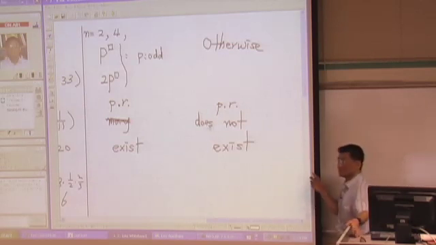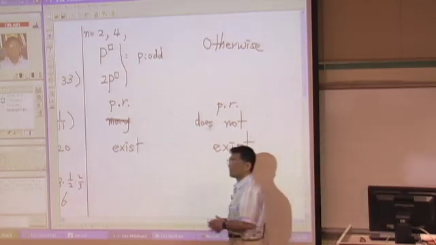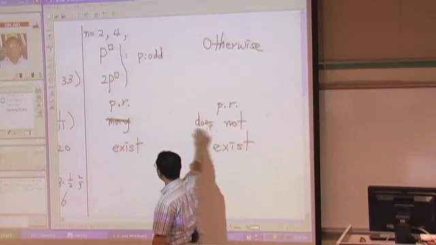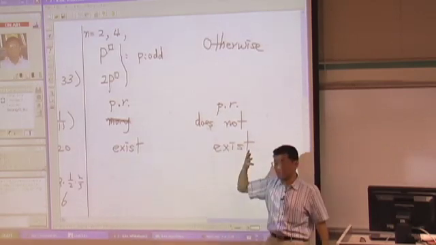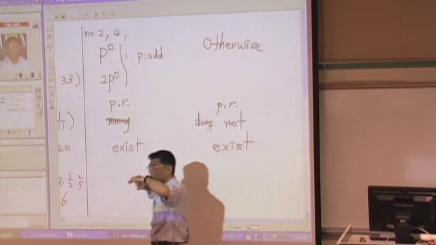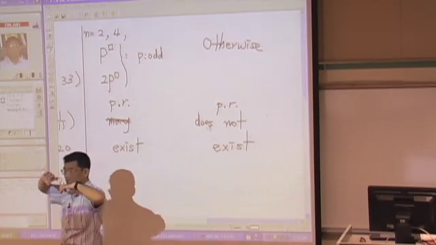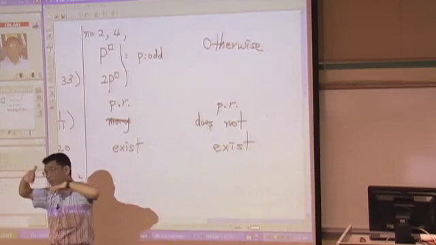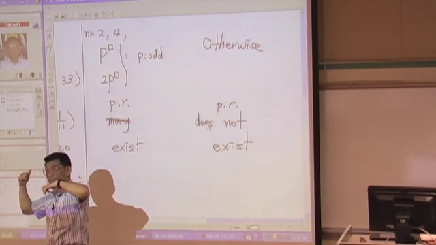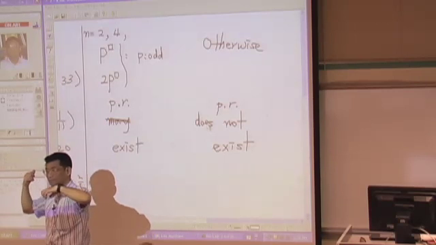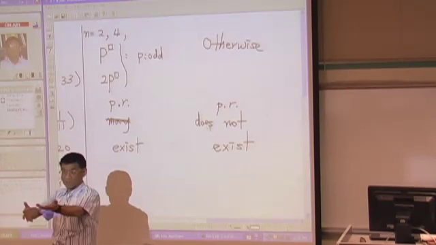Right? So this is the summary. For instance, 33. 33 is equal to 3 times 11. Is 3 times 11 in the left column or right column? So primitive root does not exist.